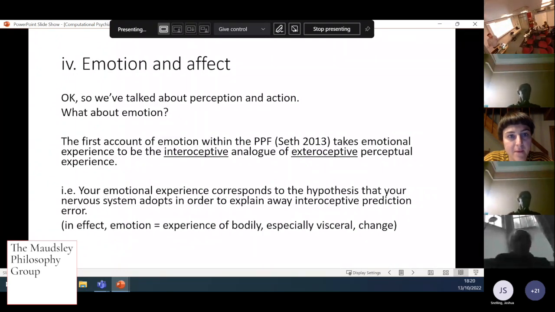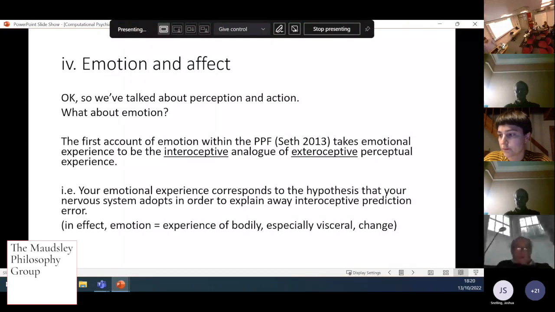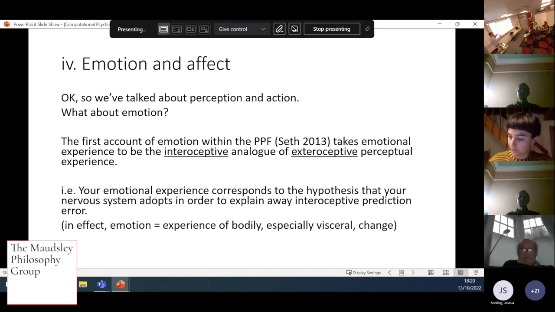Right? So your emotional experience, on his account, corresponds to the hypothesis that your nervous system adopts in order to explain away interoceptive prediction error. You get this very Jamesian approach where emotion is basically experience of bodily change. So the idea is it's like inwardly turned perception.